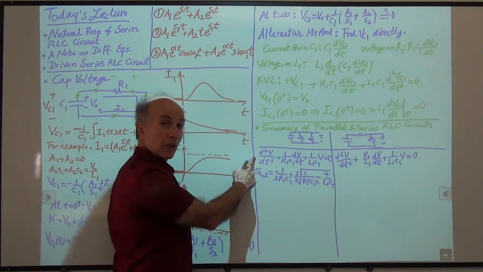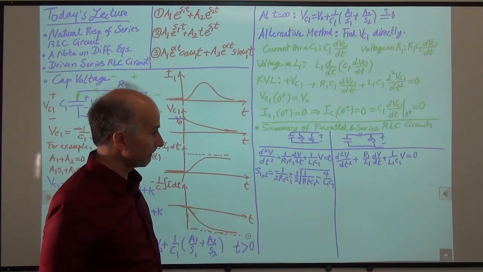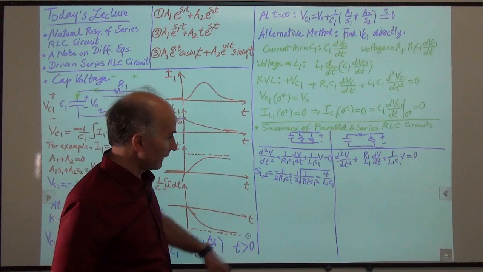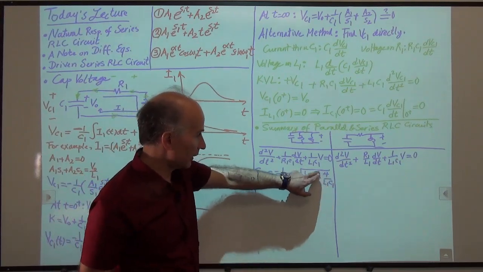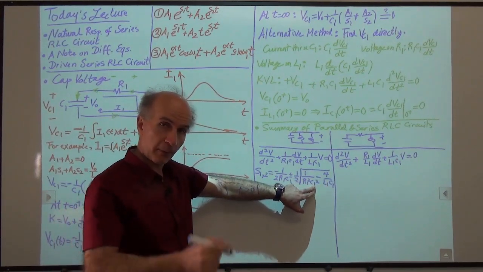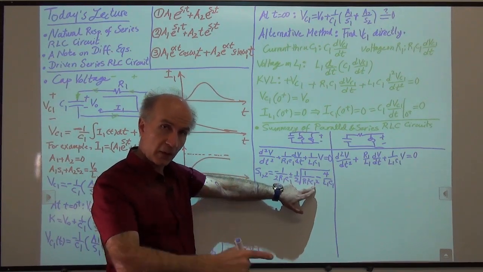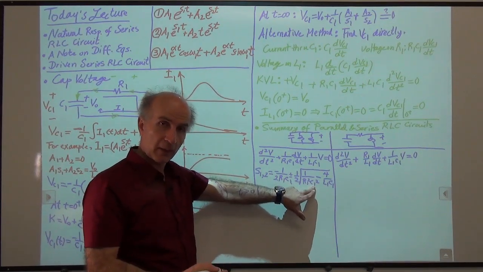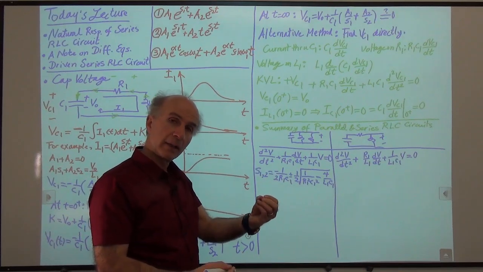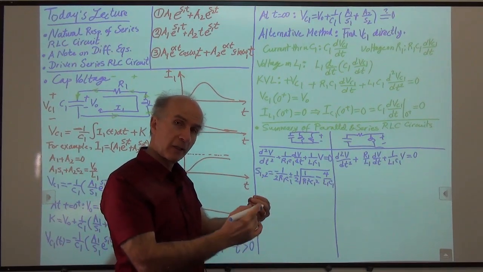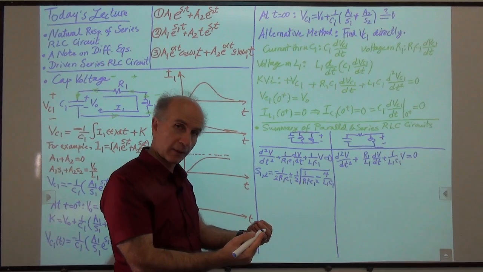Right, because this has a coefficient of 1. All right, and we decided that whether this term under the square root becomes positive, 0, or negative just depends on how R1 compares to 1/2 of the square root of L1 over C1.